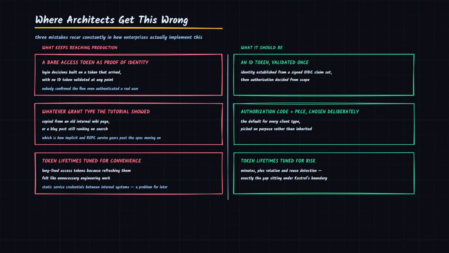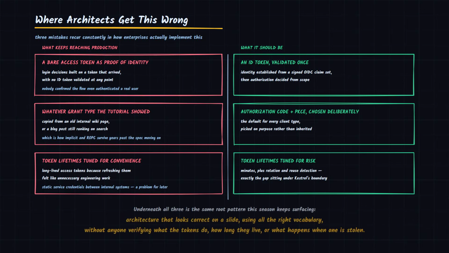That third mistake is precisely the one sitting underneath Kestrel's billing and scheduling gap, just wearing a different name depending on which system you're looking at. Underneath all three is the same root pattern this season keeps surfacing. Architecture that looks correct on a slide, using all the right vocabulary, without anyone having actually verified what the tokens do, how long they live, and what happens the moment one gets stolen.